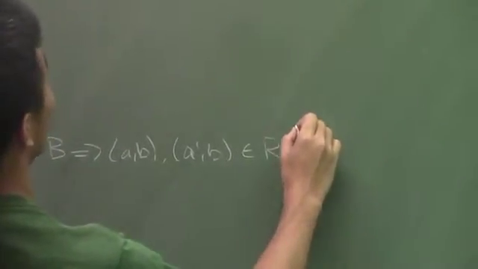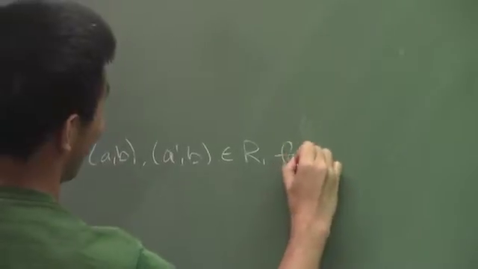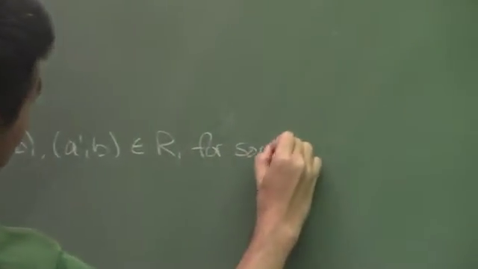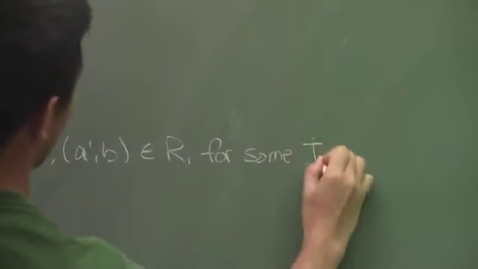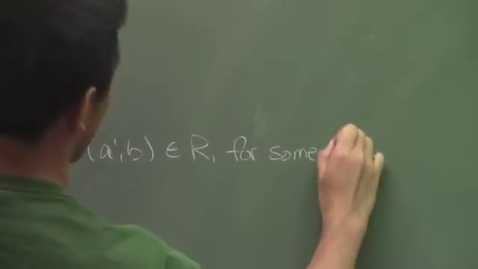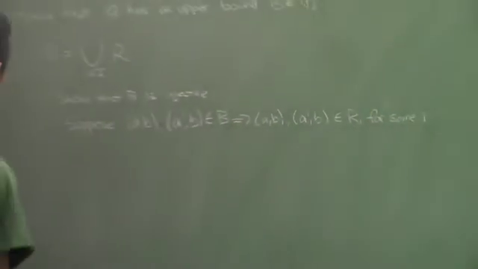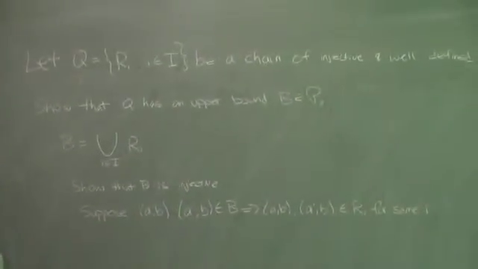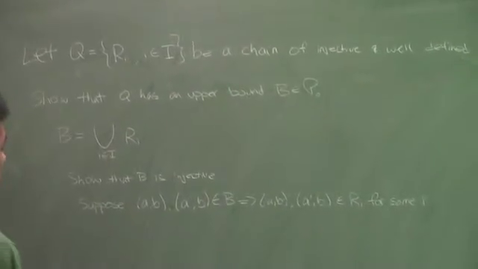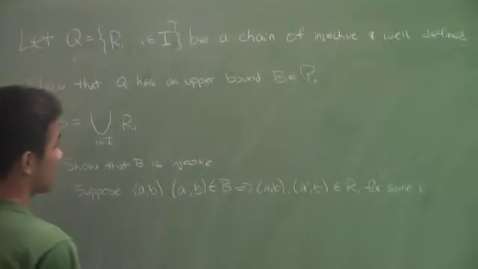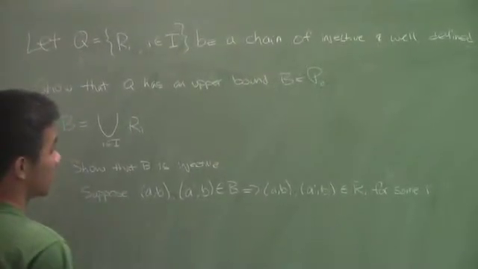Let me be careful about this. (a, b) might belong to Ri, and (a prime, b) may belong to Rj.